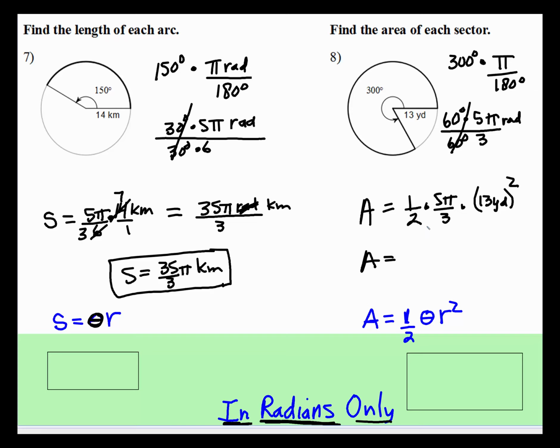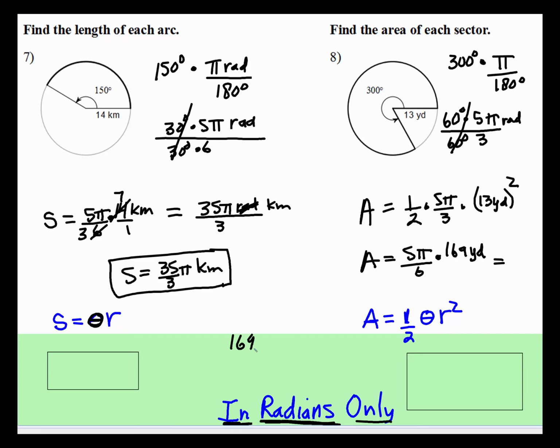Well, 2 times 3 is 6, so 5 pi over 6 times 13 squared is 169. And then yard squared is yard squared. And then you're going to multiply that straight across.